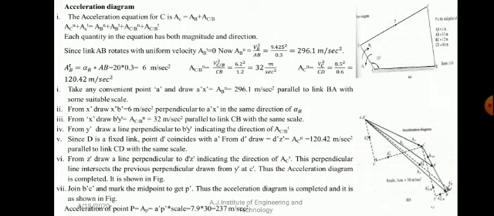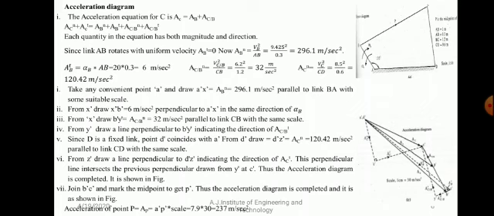Take any point A and draw AX equal to a_AB, 296.1 meter per second square, parallel to the link BA. We can draw it.